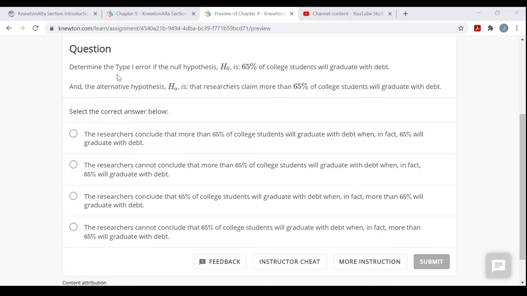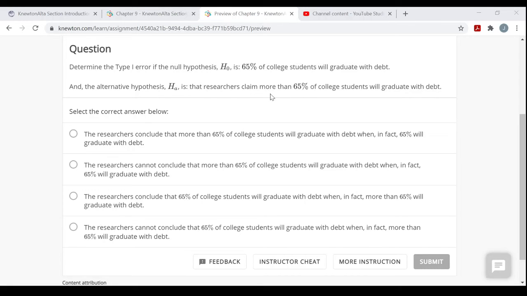So here, determine the type 1 error if the null hypothesis, H0, is the following: 65% of college students will graduate with debt. And the alternative hypothesis, HA, is the following: researchers claim more than 65% of college students will graduate with debt.